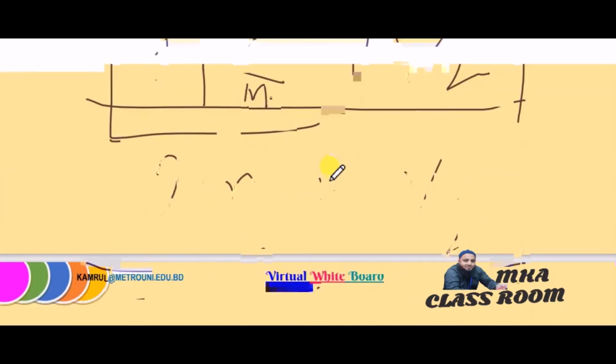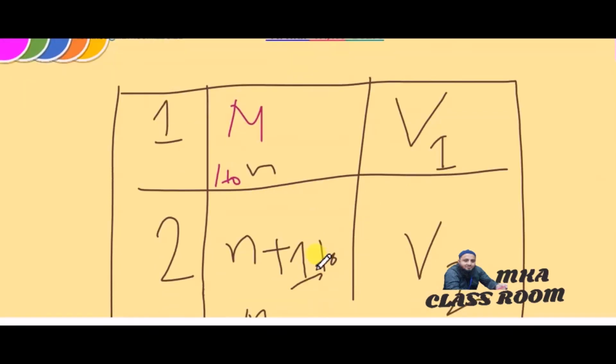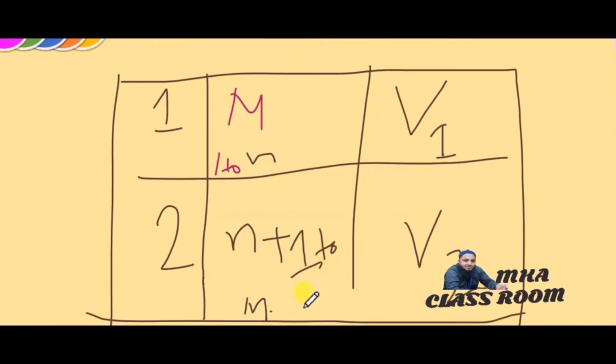Here, actually, it should be multiple growth rate for 1 to n years, and n plus 1 to infinity should be the constant growth model. So the combination of these two models creates the multiple growth model.